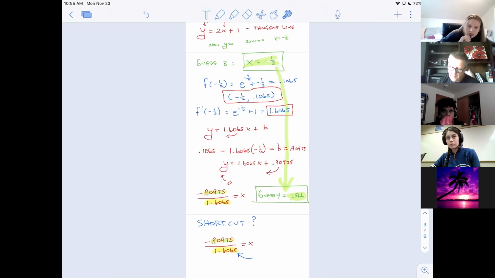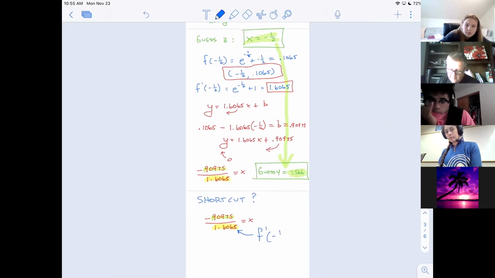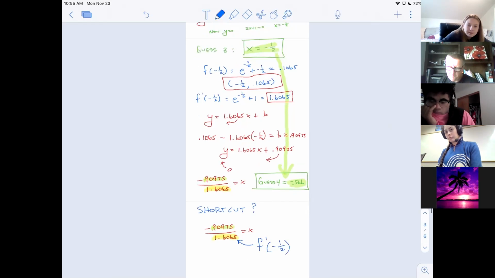Oh, that was this number right here. So that number is the slope evaluated at the guess. Do you agree with that? That number came from the slope being evaluated at our previous guess. Isn't that where that came from?